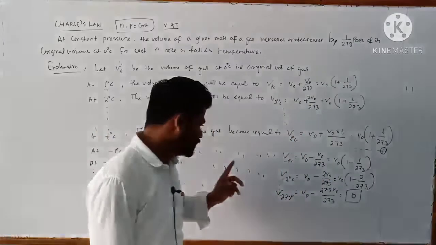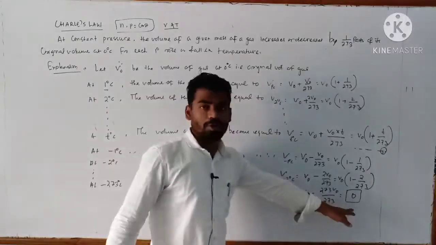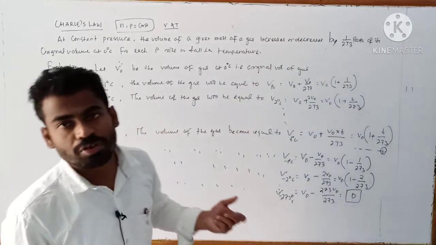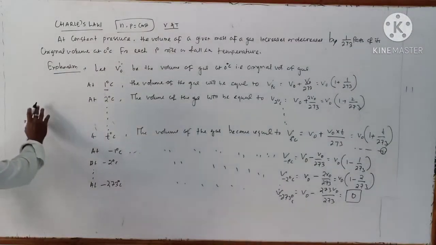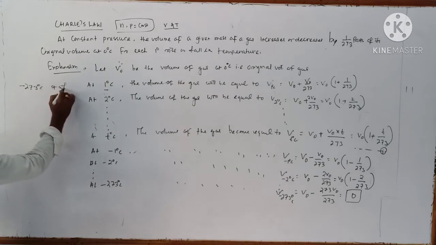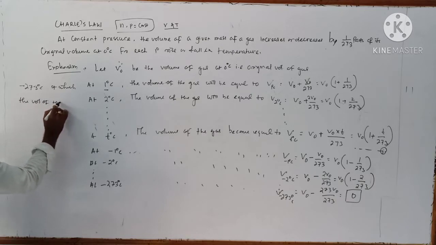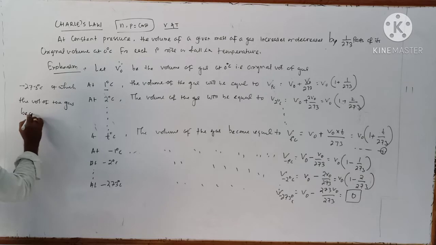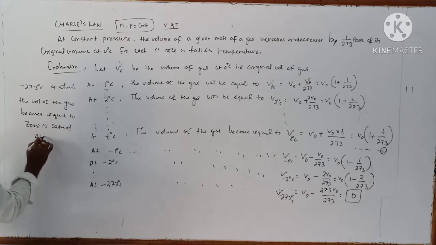So this temperature at -273 degree centigrade, where the volume of the gas becomes 0, is called absolute zero. So -273 degree centigrade, at which the volume of the gas becomes equal to 0, is called absolute zero.